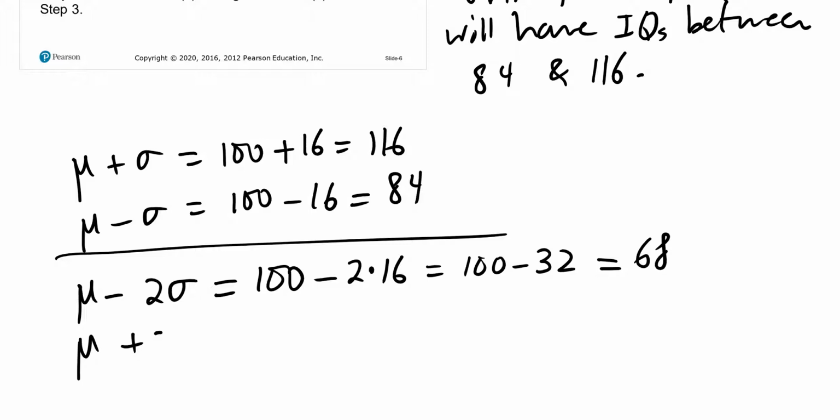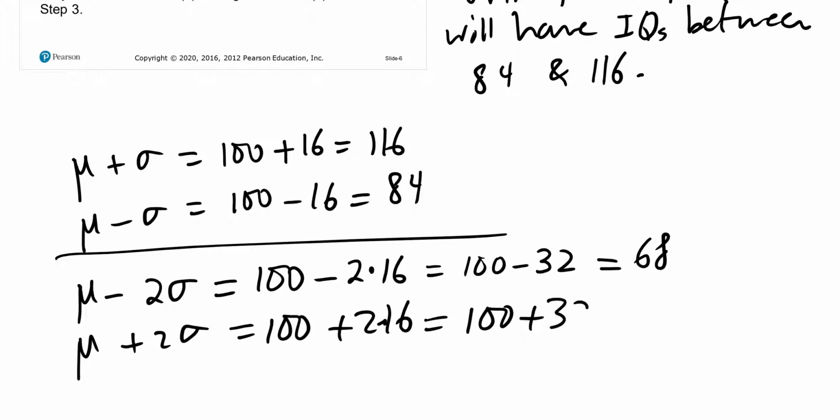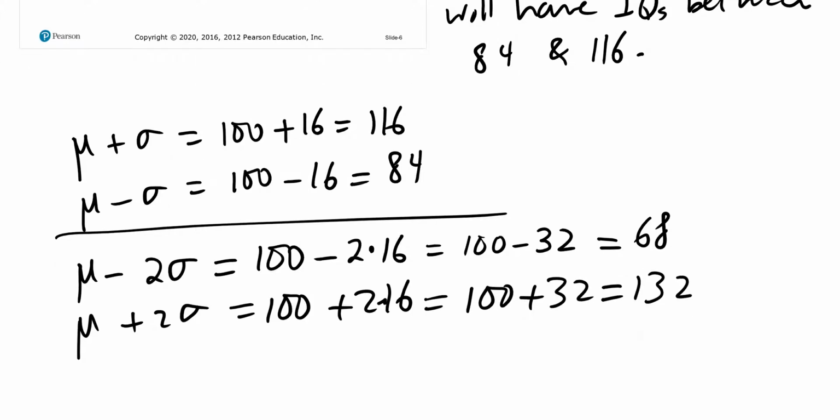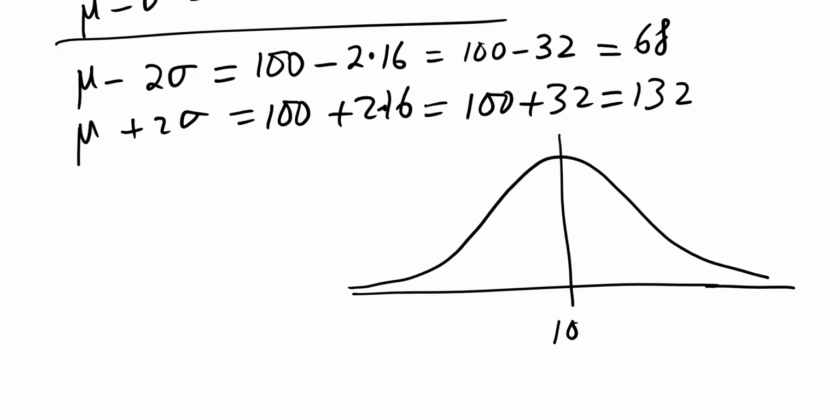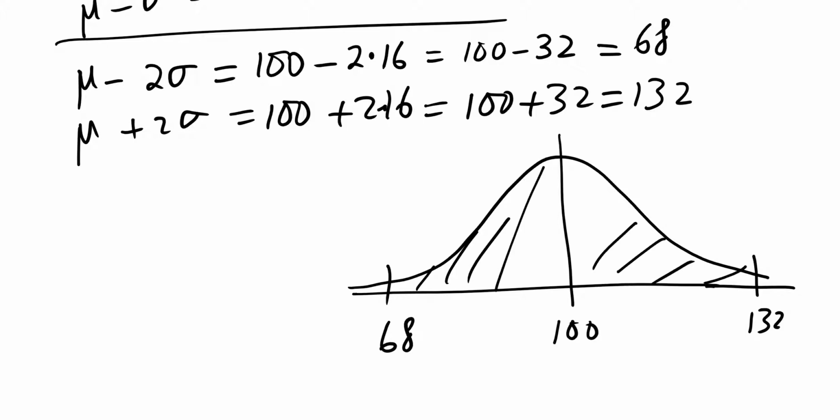If you add twice, that's 100 plus 32, which is 132. If we graph it, with the mean in the middle and 132 and 68 on either side, about 95% of the people will have an IQ between 68 and 132.